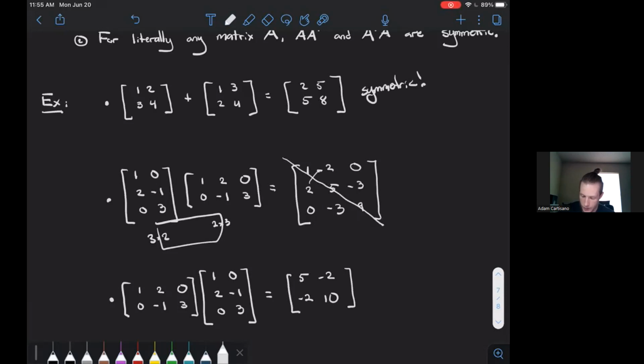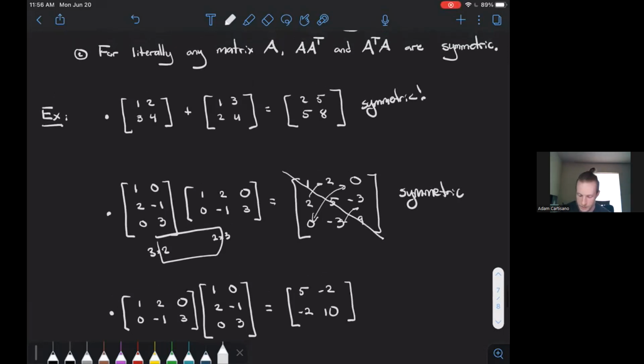And look at it, flip this on the diagonal. The 1, the 5, and the 9 stay. The 0s, the 2s, and the negative 3s all switch with each other, but all of them match their pair on the opposite side of the diagonal. And so you end up with the original matrix, this product matrix, when you're done trying to take the transpose.